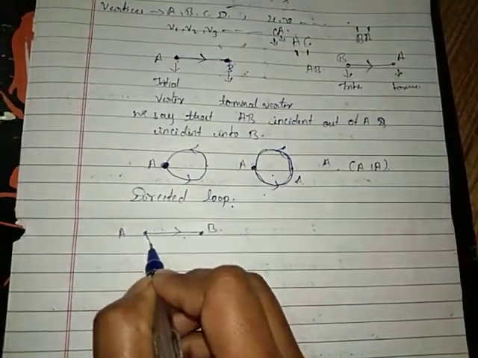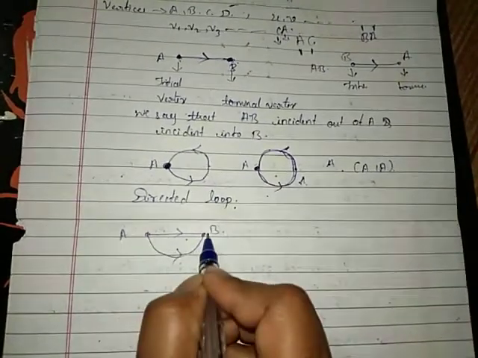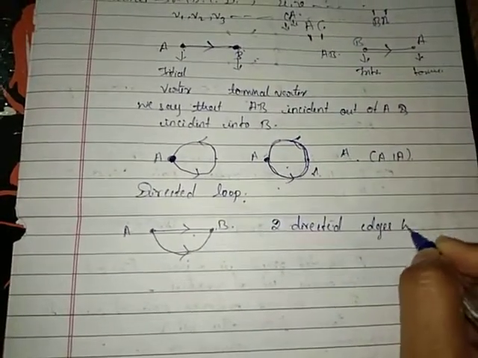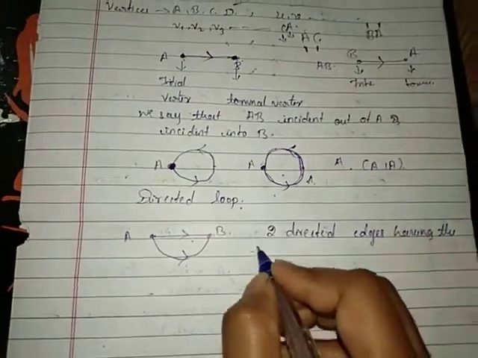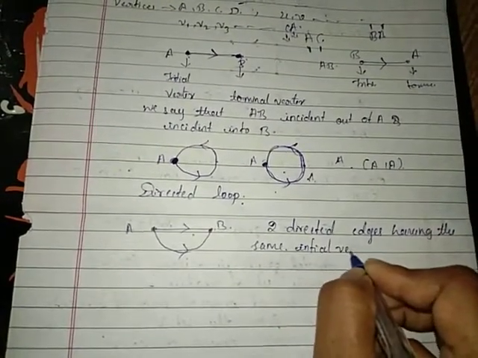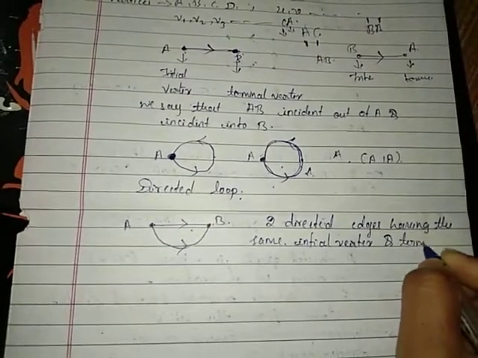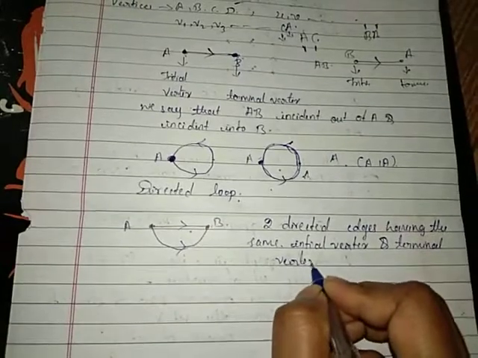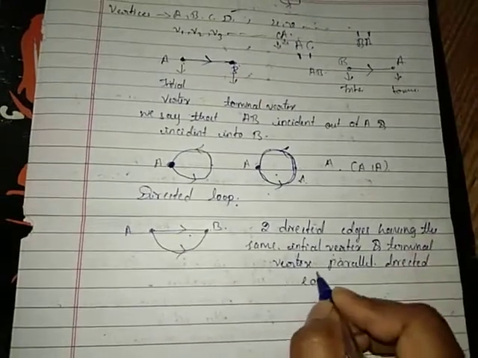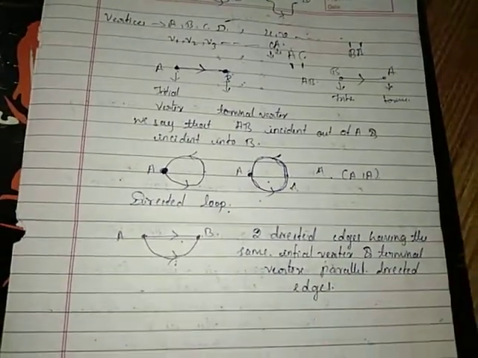If I draw one more edge to the same vertices A and B, meaning two directed edges having the same initial vertex and terminal vertex, they are called parallel directed edges. So these are called parallel directed edges.